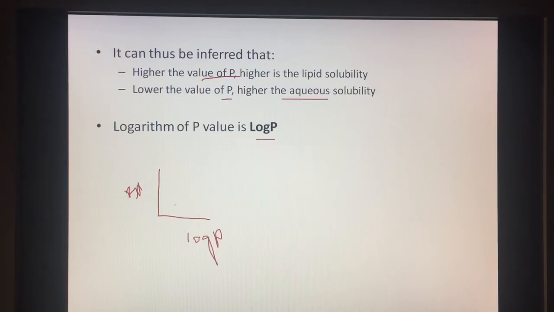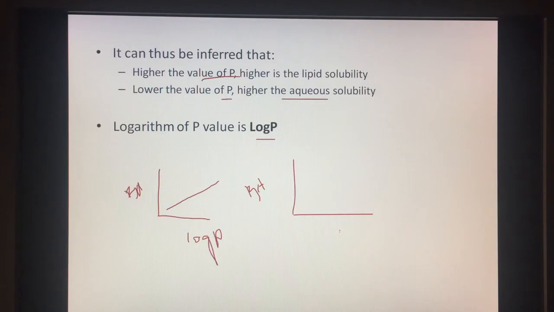One, it can be a linear relationship, meaning as we increase the log P value, the biological activity also increases. It is observed in certain cases. However, the more commonly observed relationship between the log P value and the biological activity is as shown in the next graph.